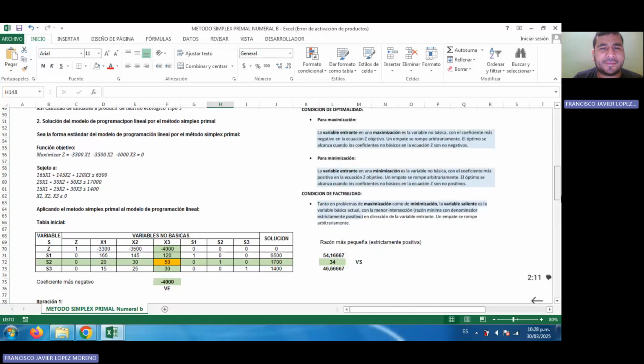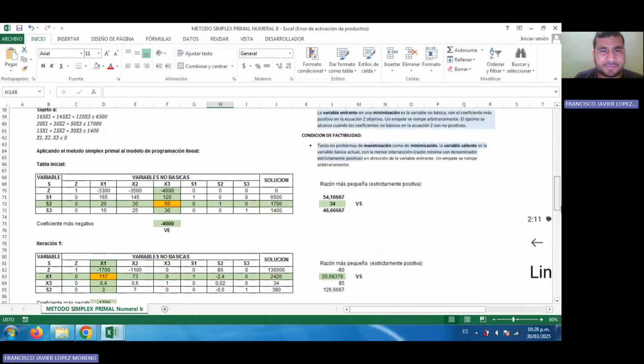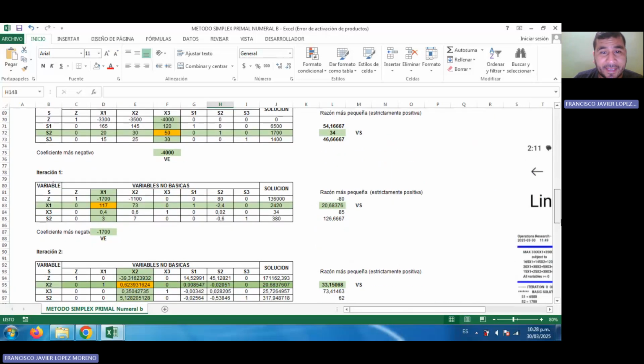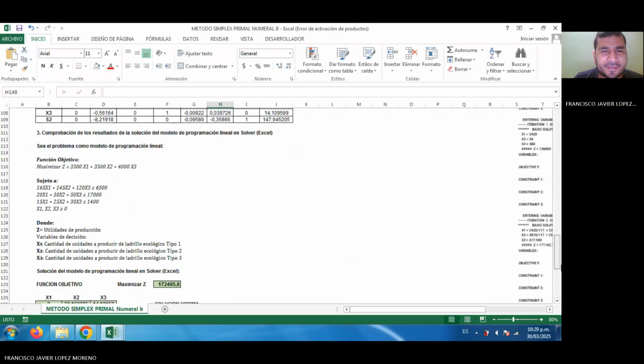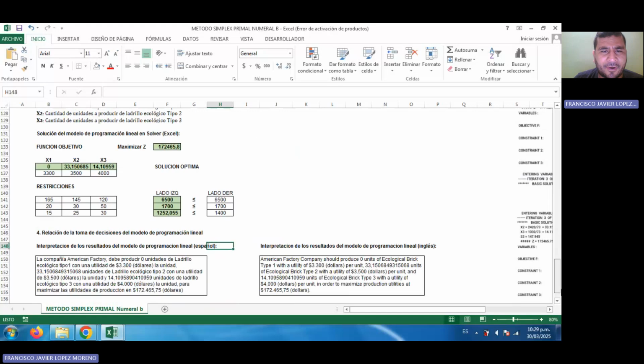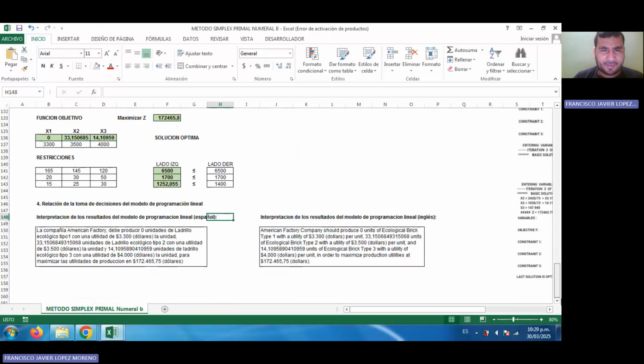In the end, the simplex primal method was implemented and it reached the conclusion of the following results.